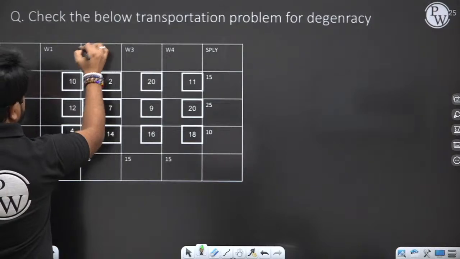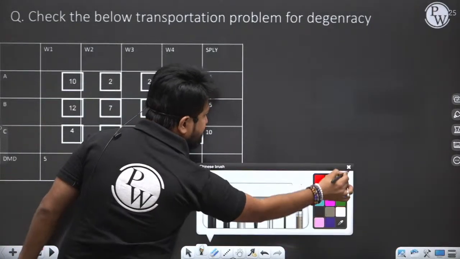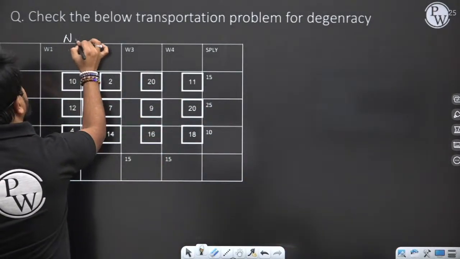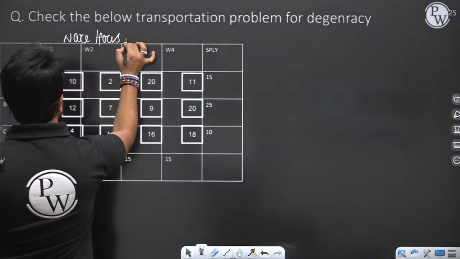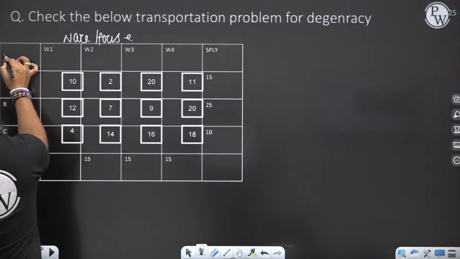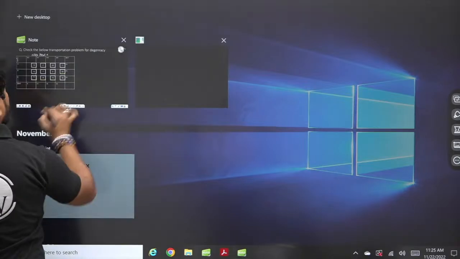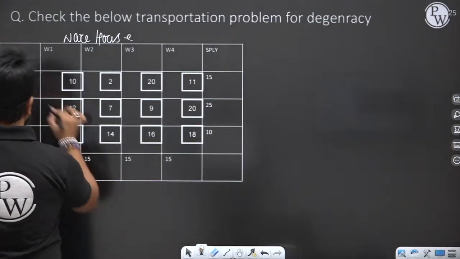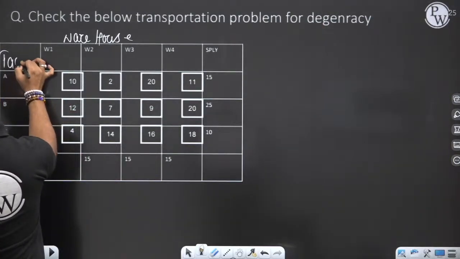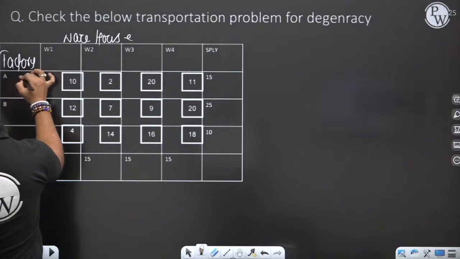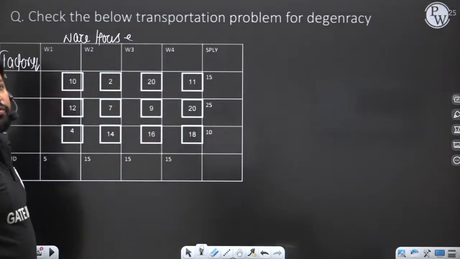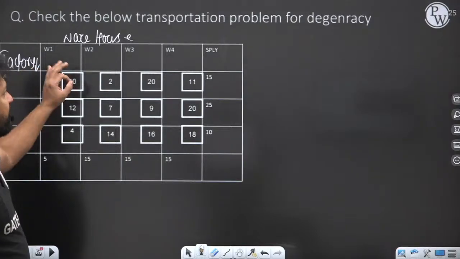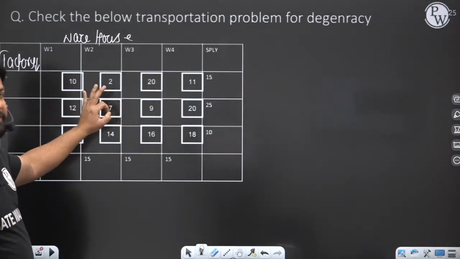This is a warehouse. Here you can see this is the warehouse, my dear, and these are the factories. So this is the factory and this is the warehouse. So you have to tell me whether the problem has degeneracy.